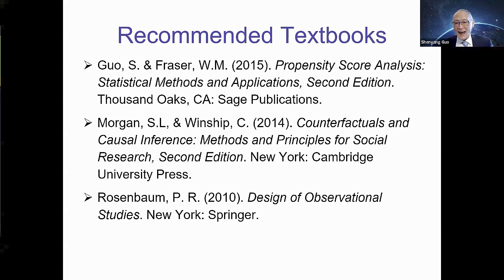A few important textbooks may be useful. I and my co-author, Mark Frieder, published the book Propensity Score Analysis, second edition, in 2015. There are other important books we think are useful.